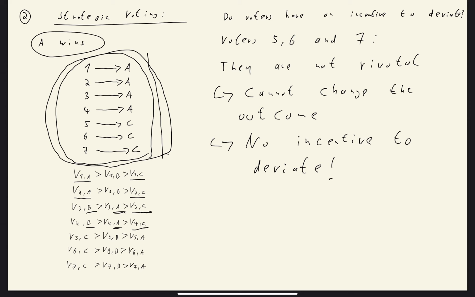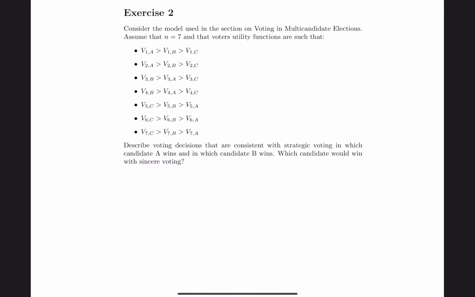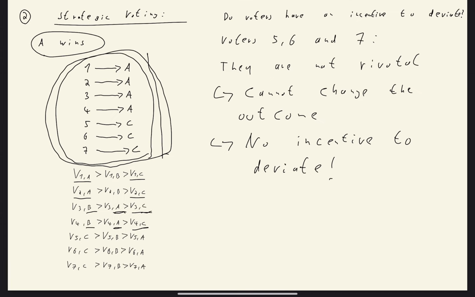So let me then deal with the second part, which was that we were asked to find voting decisions which are consistent with strategic voting and where candidate B is actually winning. So this is what we will be doing next. Okay, so let me just erase most of this here.